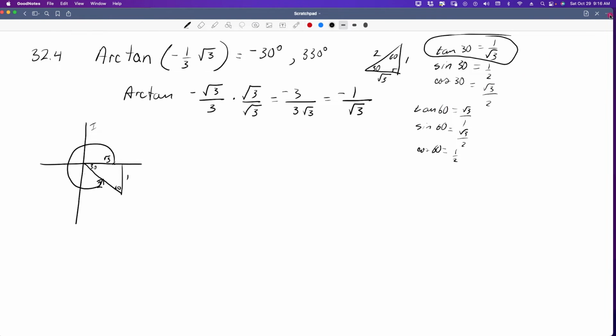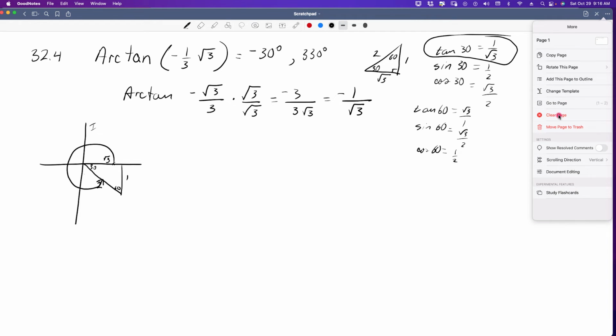32.5. I'm going to clear this. 32.5 says we want the cosine of the arctan of negative 3 over 5.